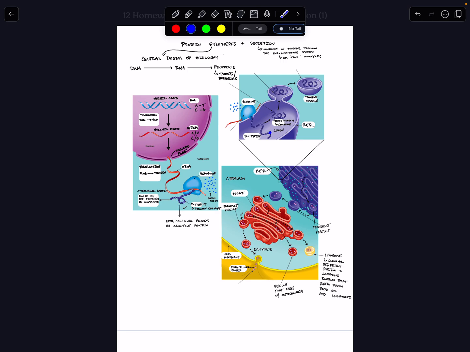It's then going to be brought to the rough endoplasmic reticulum where it's folded. A transport vesicle will take it to the Golgi body where it's processed and activated, and then finally a transport vesicle will bring it to the cell membrane where it will fuse, it will experience exocytosis, and the catalase protein will end up outside the cell.